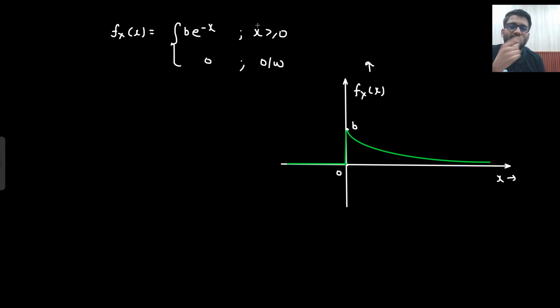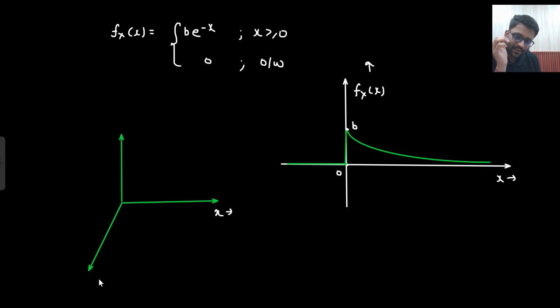There, only 2 things were there, x and fx of x. Now here there are 3 things: x, y, and fxy of x, y.